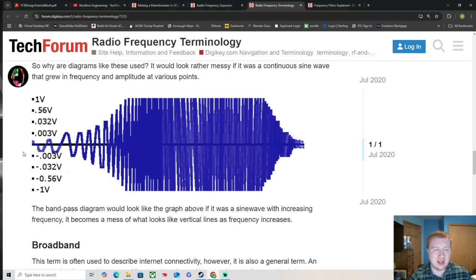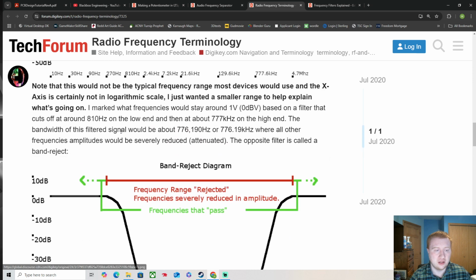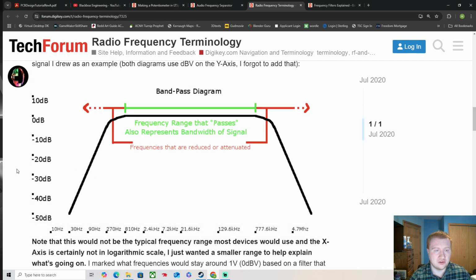It would be an ever-increasing frequency sine wave that starts slow and ends up extremely fast, with attenuation near 0 volts, and then as the filter starts working properly, it gets amplified up to a maximum of like 1 volt, because I believe that's the reference point for 1 or 0 decibels.